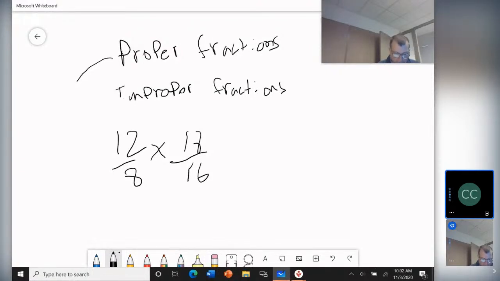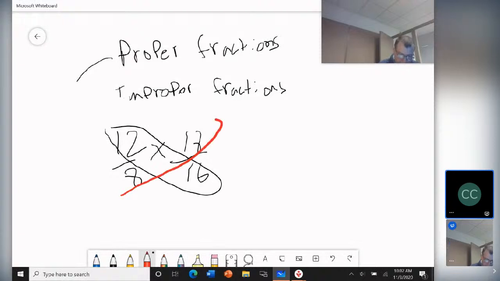And you did some crossing out. So I think you took 4 out of both. Remember, Casey said when you cross, you do this and this. So I believe you took 4 out of 12, that would be 3. And you took 4 out of 16, that would be 4.